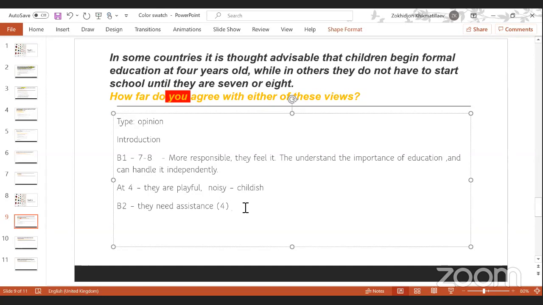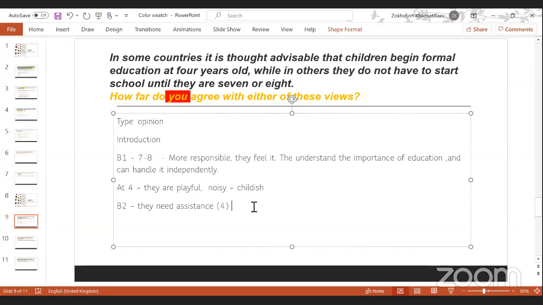Okay, but look, here you shouldn't say that a 4-year-old is perfect, because we picked 7-8 as the suitable age. You cannot go against yourself in the essay. So what you will do, guys, is in B1, you will say why 7-8 is perfect.